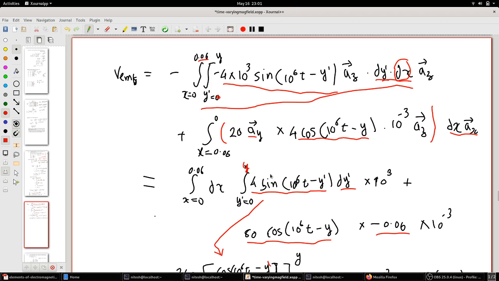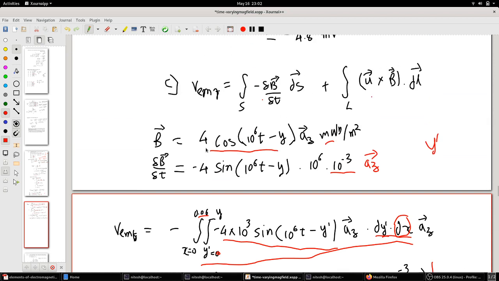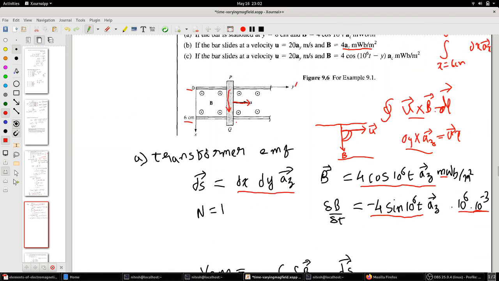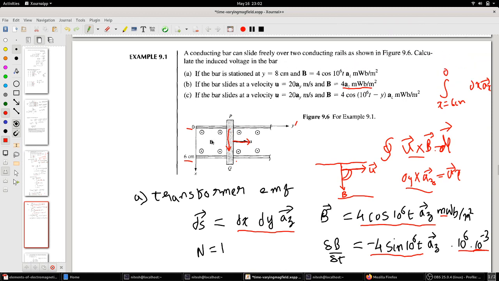The only thing you have to understand is how you get these limits of integration, what the direction of the current is. Now let's solve the same problem, let's find the polarities from Lenz's law. See this, in this case the bar is stationary here, and B is changing. This is a very straightforward one.